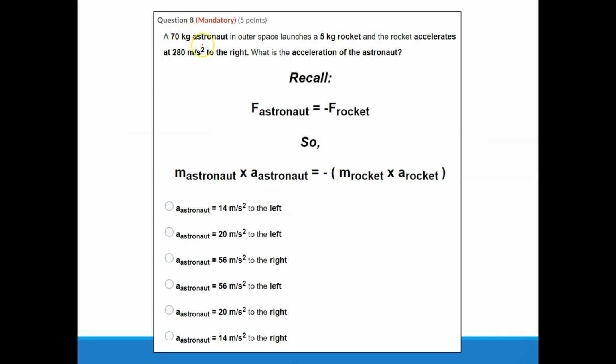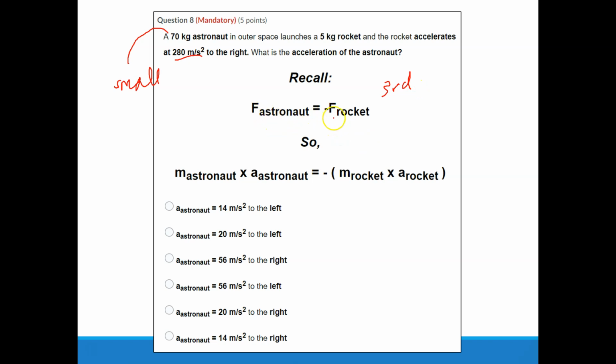Again, our astronaut is really big, so we're going to guess that our acceleration is going to end up being pretty small, right? Just like our rocket was really small and has a really big acceleration. This rocket accelerates at a huge amount. Okay, so let's go ahead and talk again about this equation. Remember, Newton's third law says for every force, there's an equal and opposite force, right?